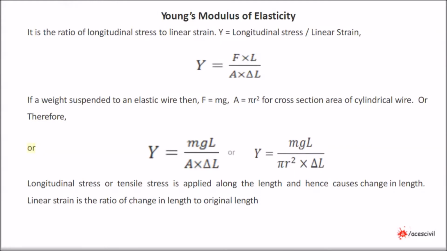Longitudinal stress or tensile stress is applied along the length and hence causes change in length. Linear strain is the ratio of gain in length to original length.